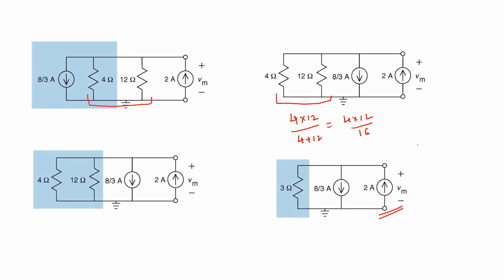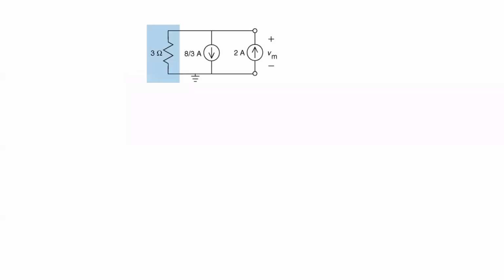Using this, the voltage across the 2 ohm resistance can be calculated. I will tell you how it can be calculated. This is the final reduced form of the network. Now apply KCL at this point.